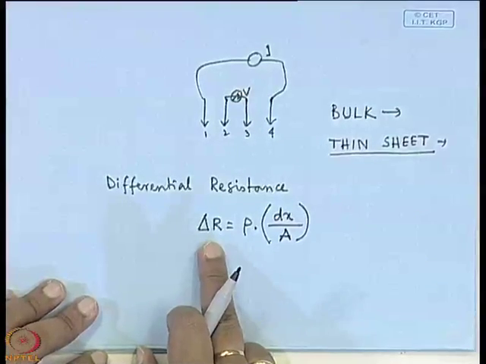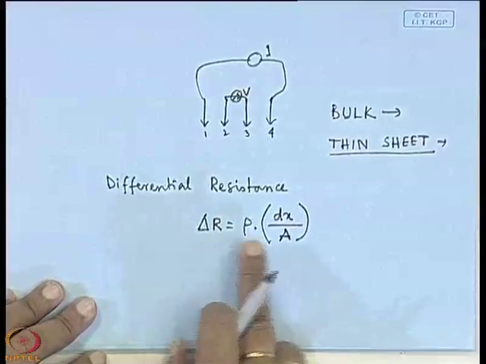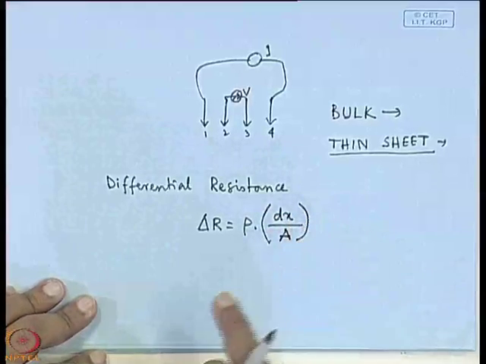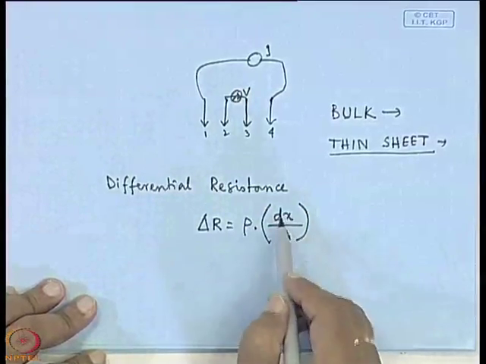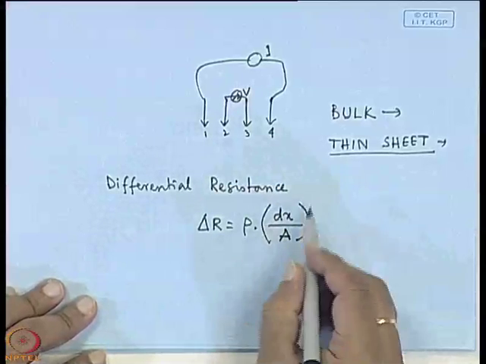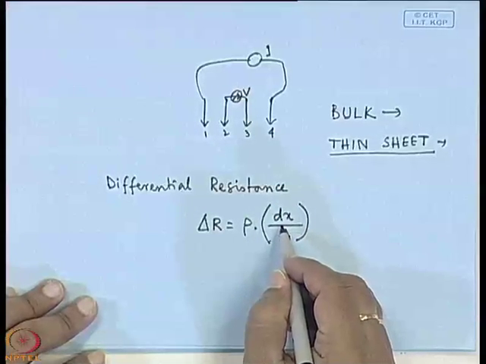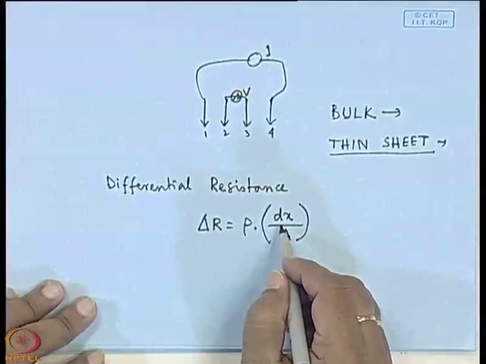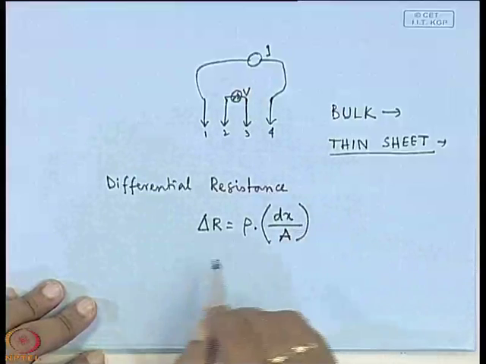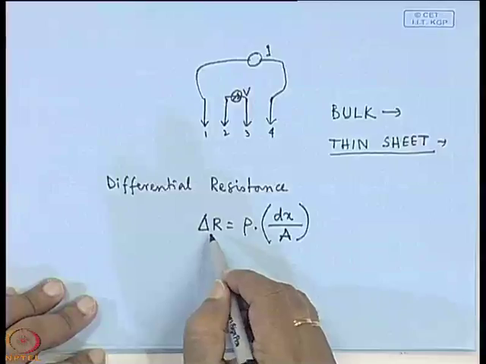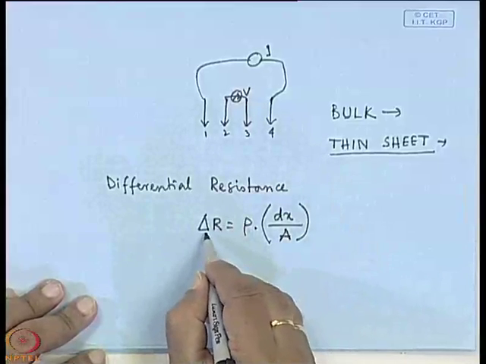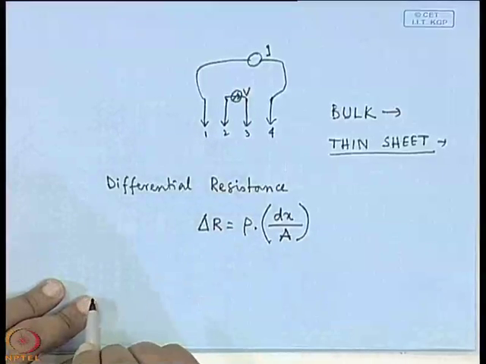This is R equal to rho into L by A. Since I am measuring the differential resistance, that means this L, the length which we are considering, is basically between x and x plus dx. So, a very small region we are considering, because that is your differential resistance. That is why I have put delta R also.